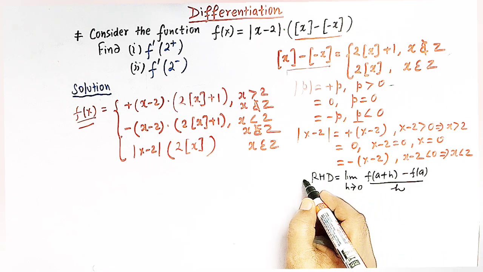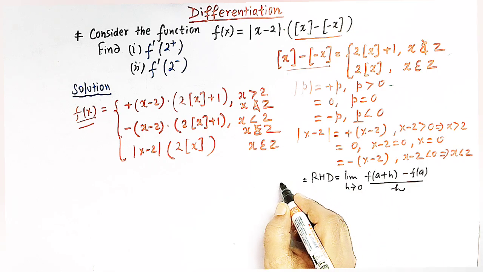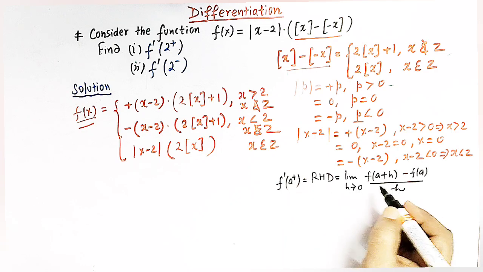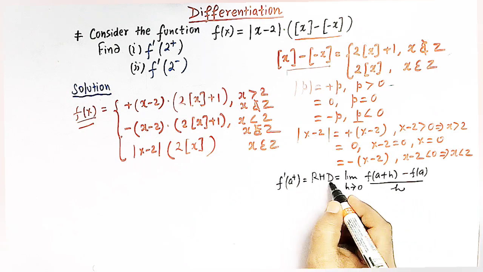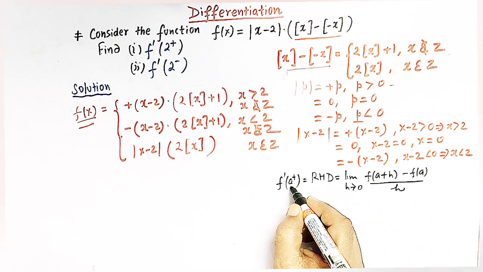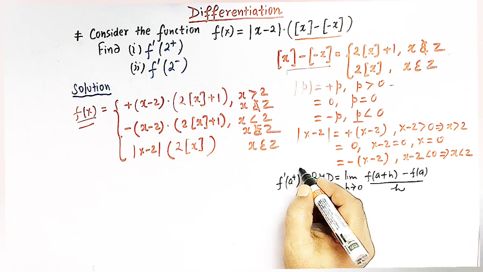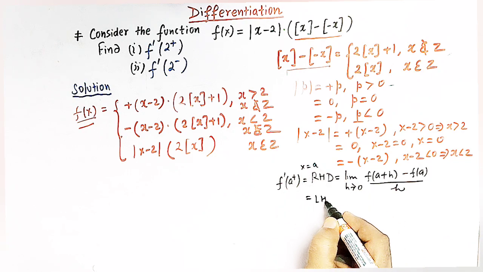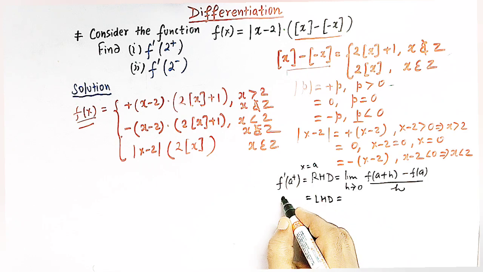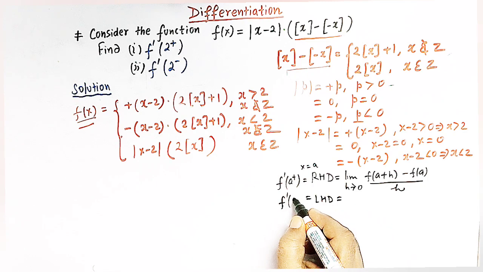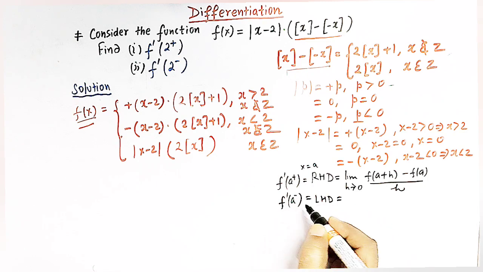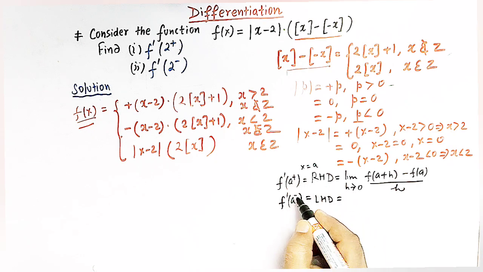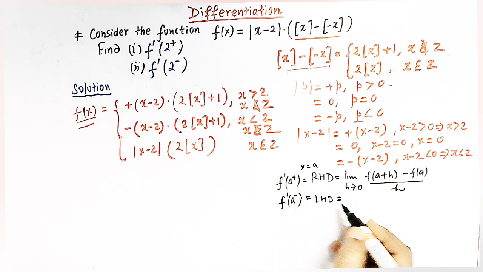So for right hand derivative we can write f prime of a plus. So here we are calculating the right hand derivative at this point, that is x is equal to a. And similarly we can define the left hand derivative, that is f prime, and here we have a negative. So positive sign shows the right hand derivative, and negative sign shows the left hand derivative.